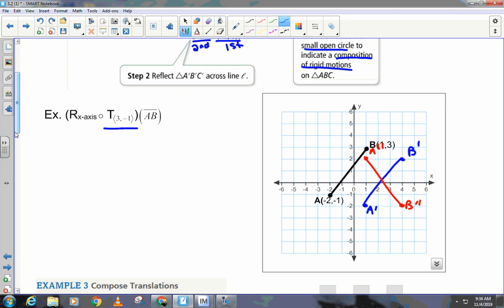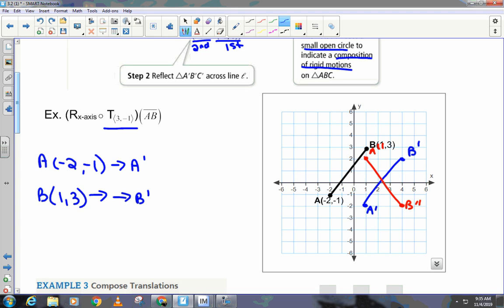Now, you can also do it with just the coordinates. A is located at negative 2, negative 1, and B is located at 1, 3. All right, so let's take A first. And the first thing that we did was translate, correct?